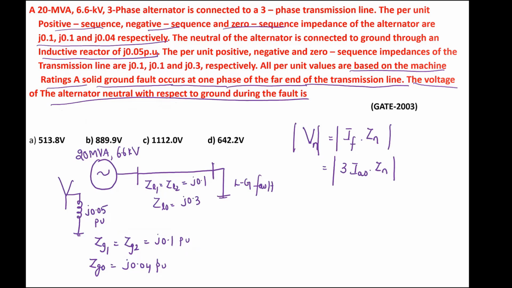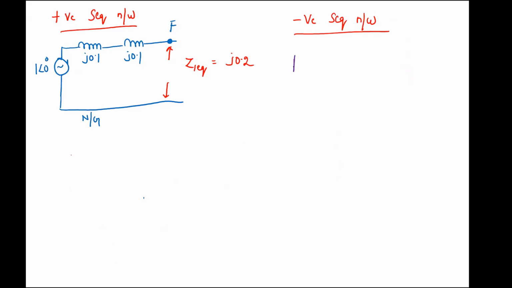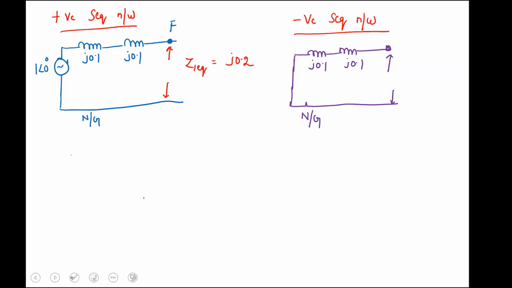So it is again j0.1, j0.1. This is the fault point. This is the neutral or ground. There are no induced EMFs in the negative sequence network, so this Z2 equivalent becomes the same, j0.2 per unit.